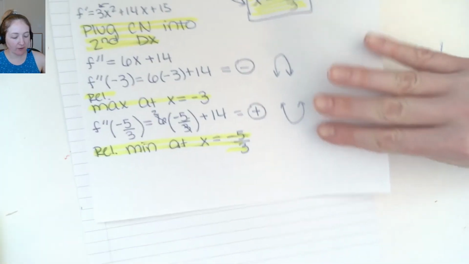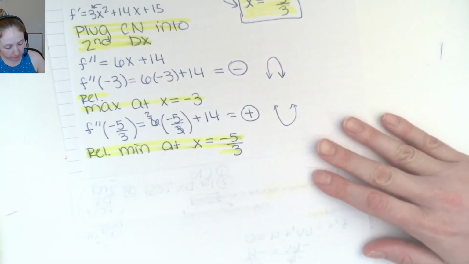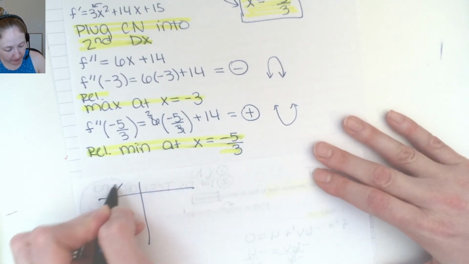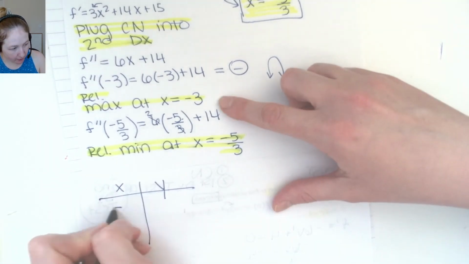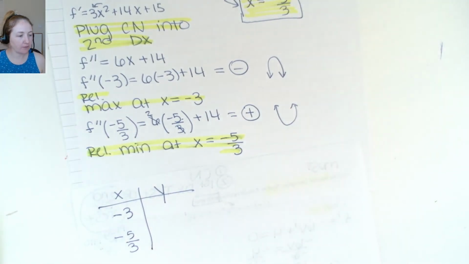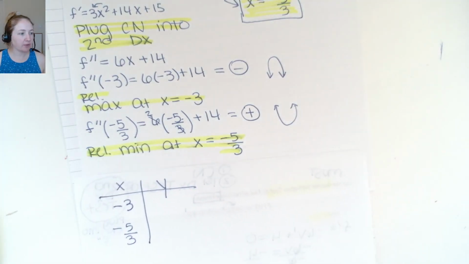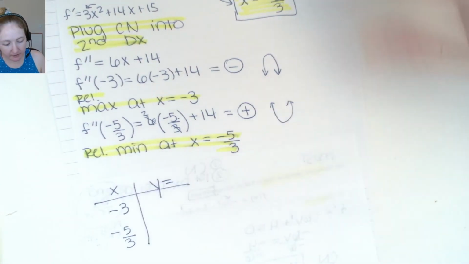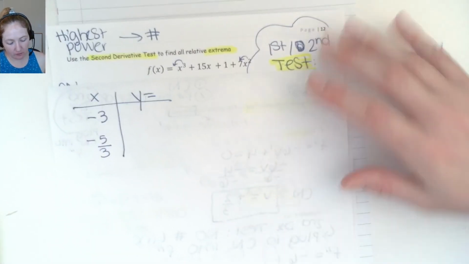Now, of course, to make the homework people happy, what you need to do is then find those coordinates. So to find those coordinates, you have your x, you have your y, you have your -3 and your -5/3. And you will simply plug into the original function. So that's really important to keep in mind, plugging into the original function.